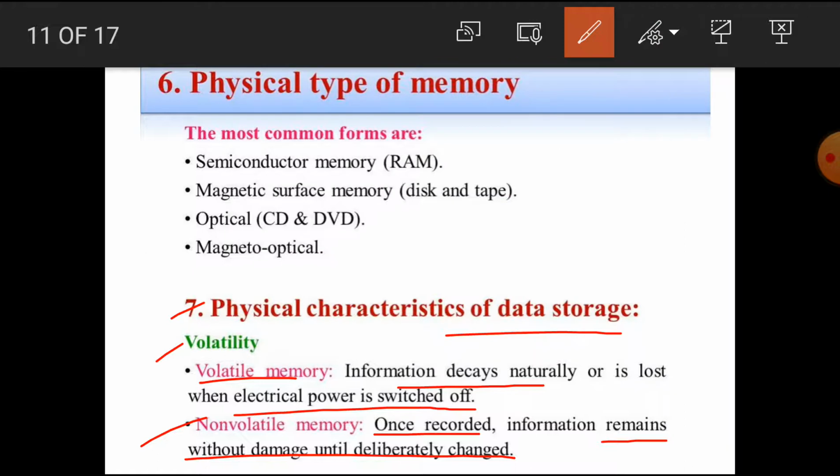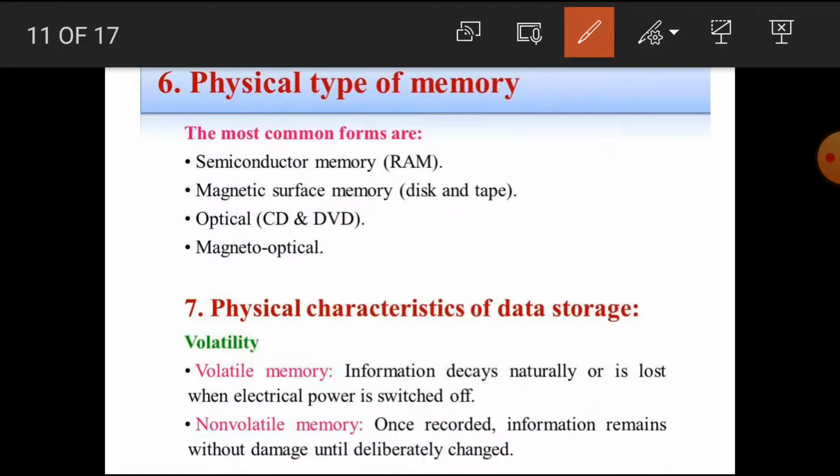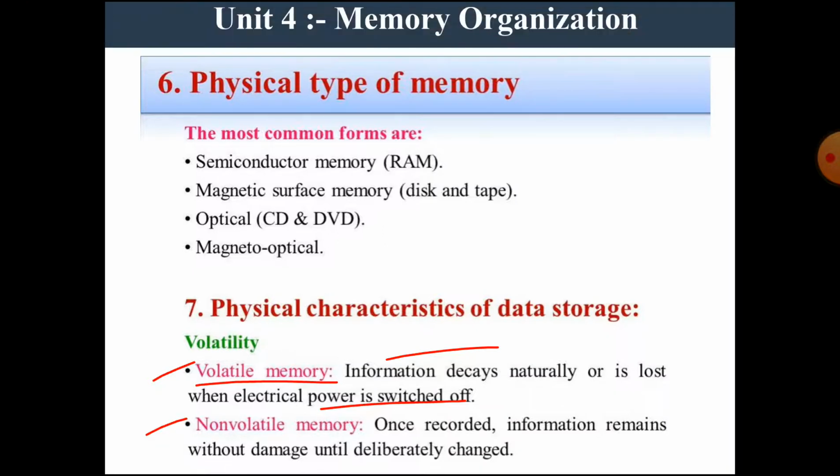That means there are mainly two types, volatile and non-volatile. In volatile memory, all the data is erased when the power is switched off, and in non-volatile memory, the data is retained whether the power is lost or switched off.